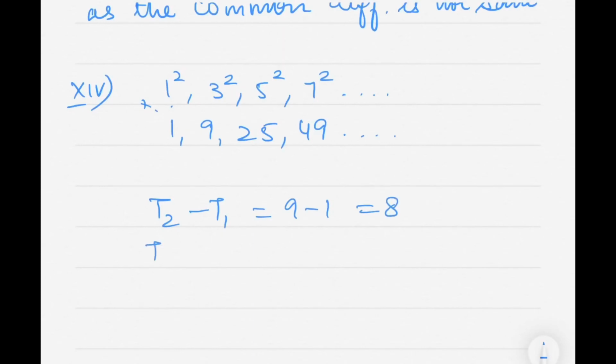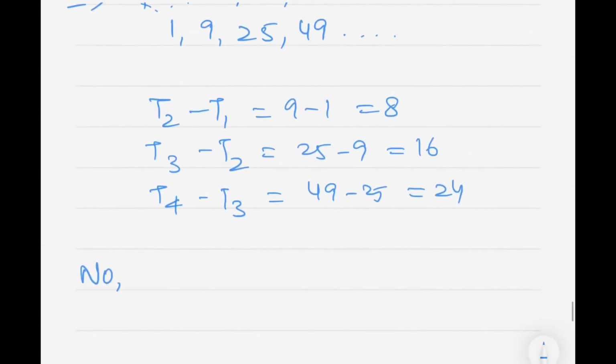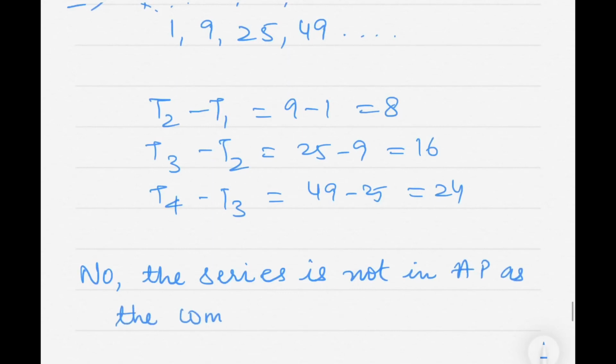T3 minus T2 is 25 minus 9, so we get 16. T4 minus T3 is 49 minus 25, so this is 24. So the common difference is not the same, so we can say no, the series is not in AP as the common difference is not the same.